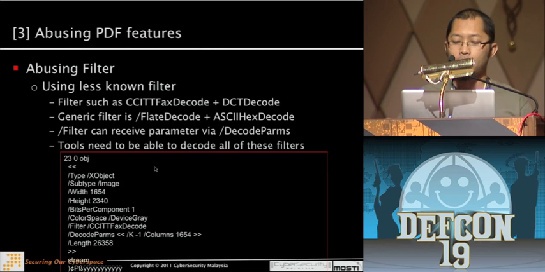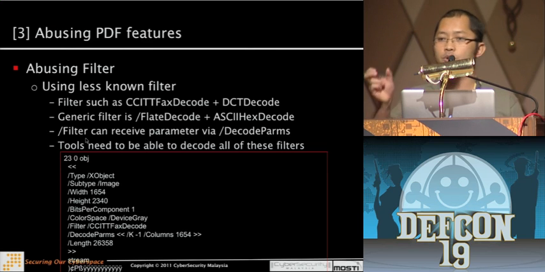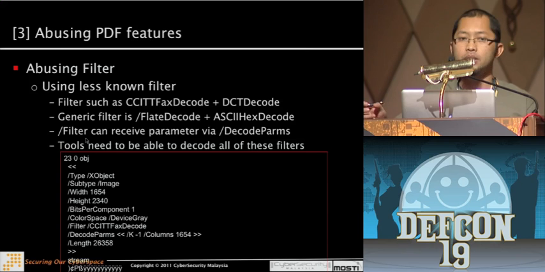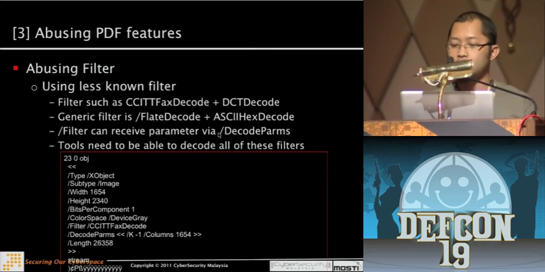JBIG2Decode. And this is also interesting, because if you look at the filter dictionary, it can accept a couple of parameters. So if you want to make your filter have some strict parameters, so that if you try to decompress without passing these parameters your decompression will fail, you can implement it within the parameter called DecodeParms.